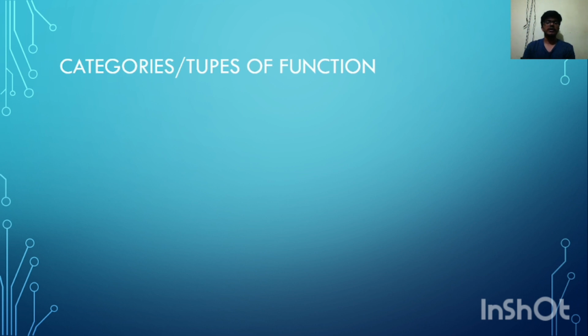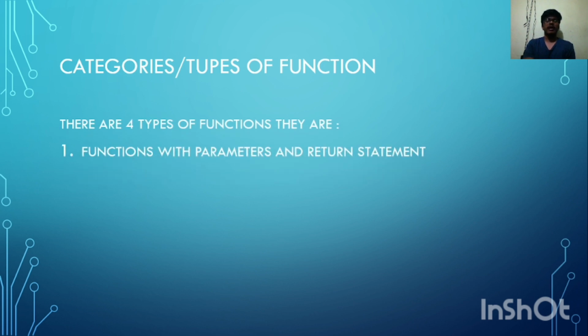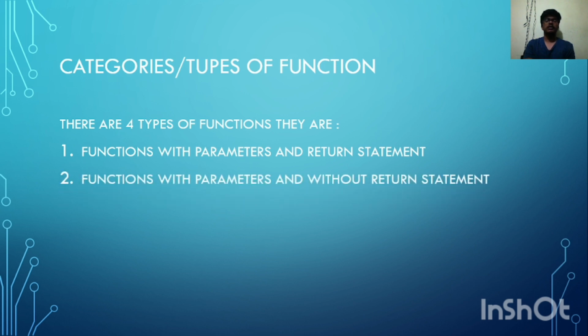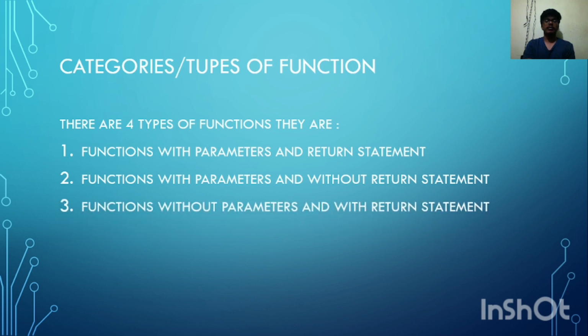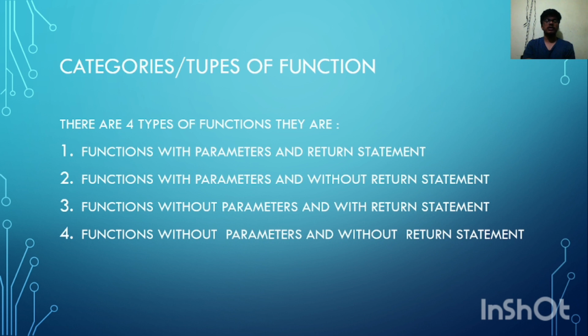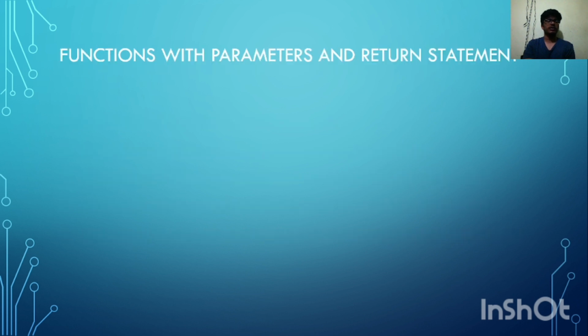The categories and types of functions: there are four types of functions. They are functions with parameters and return statement, functions with parameters and without return statement, functions without parameters and with return statement, functions without parameters and without return statement.